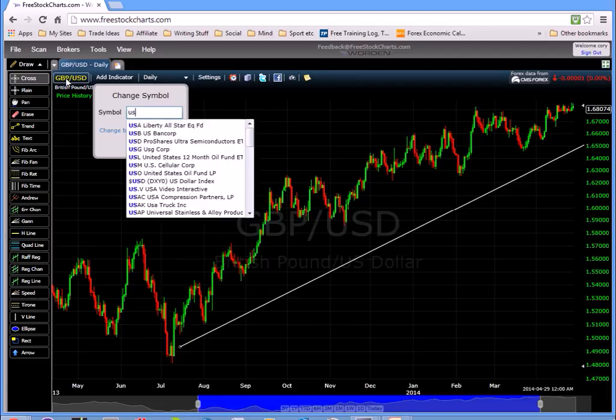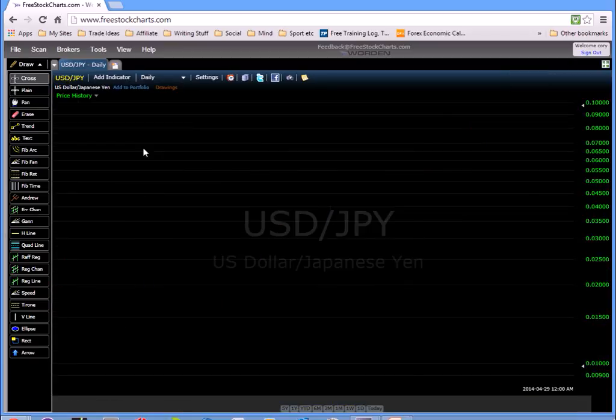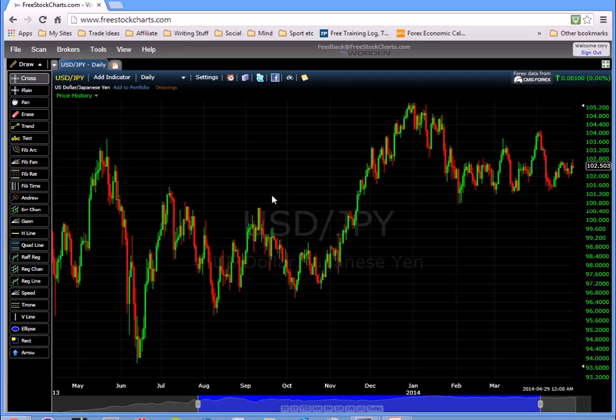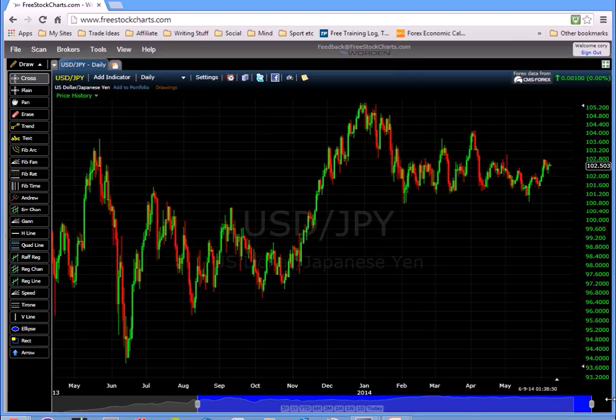So we can look at another pair. Here, USD JPY, we can see that it is priced to 3 decimal places, 102.503. We had a period here where the US dollar moved up against the Japanese yen, then it fell down a little bit, and now we are moving pretty much sideways.